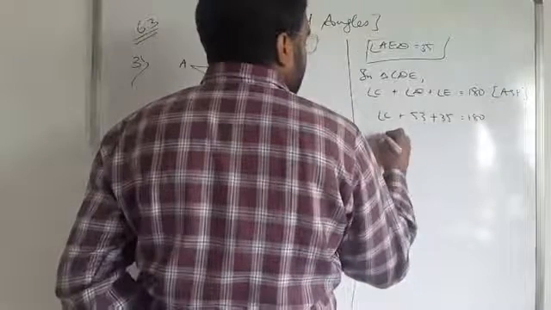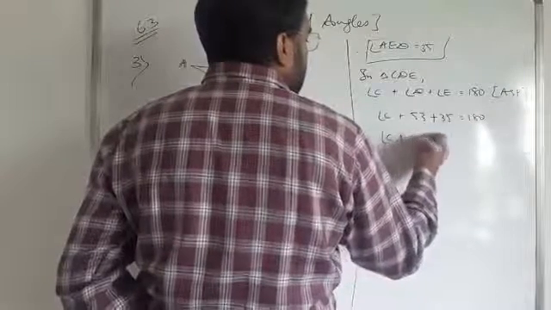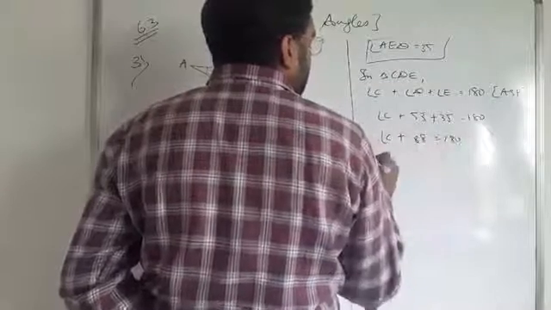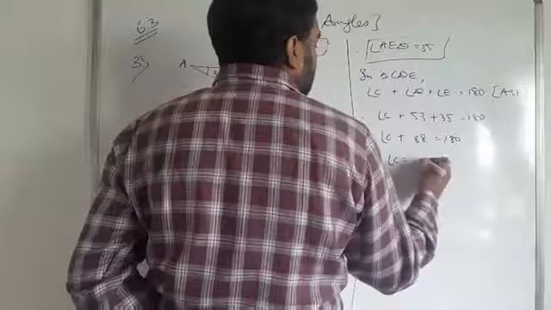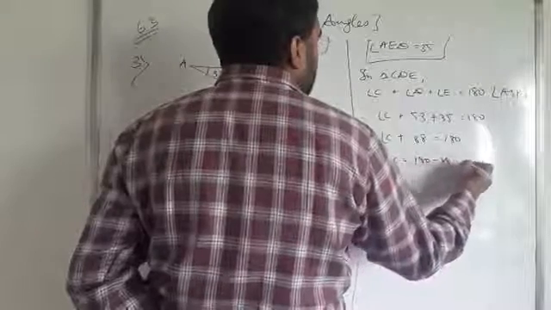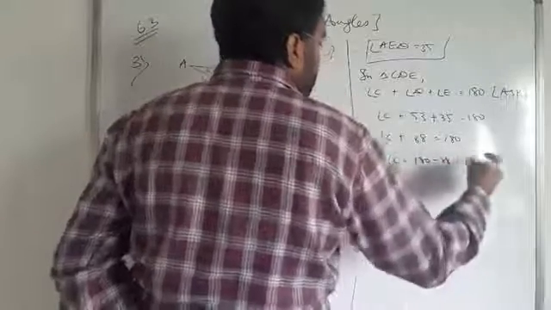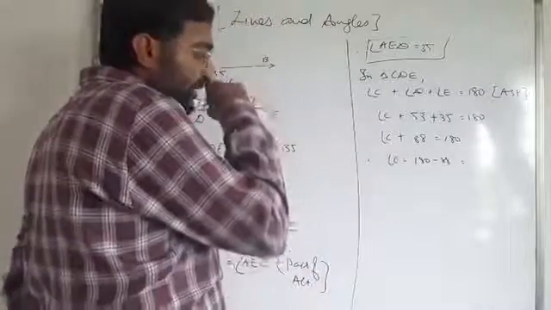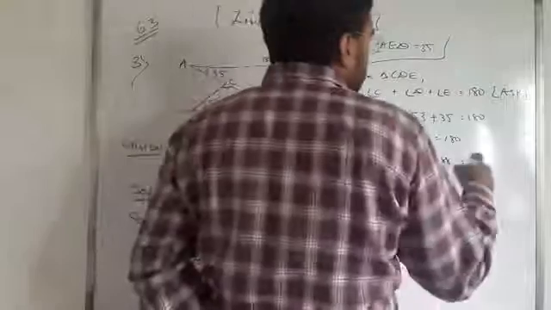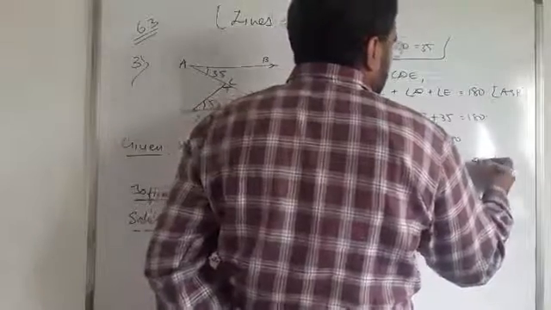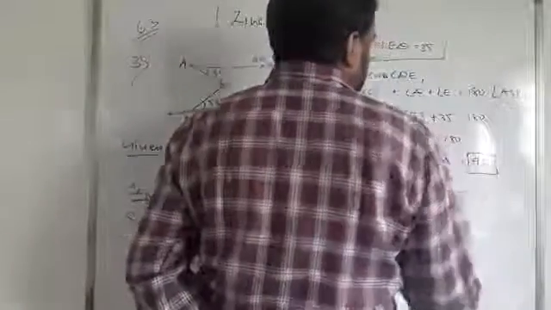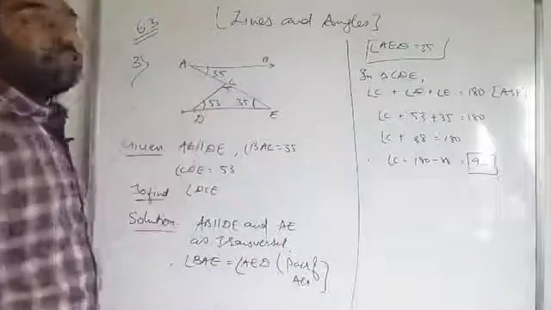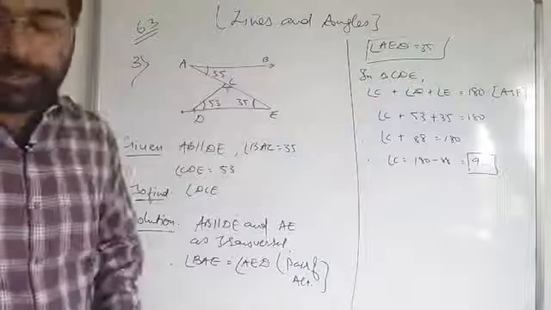Therefore angle C plus 88 degrees equals 180 degrees. Therefore angle C is equal to 180 minus 88, that is 92. Your angle DCE is equal to 92 degrees.